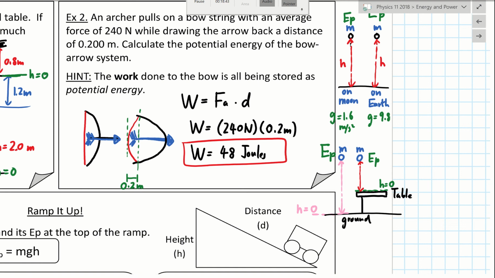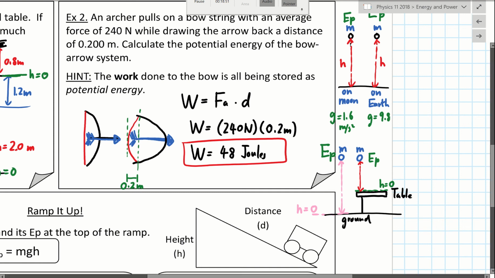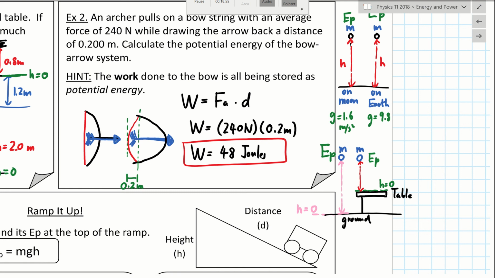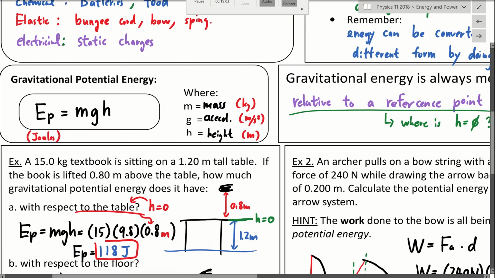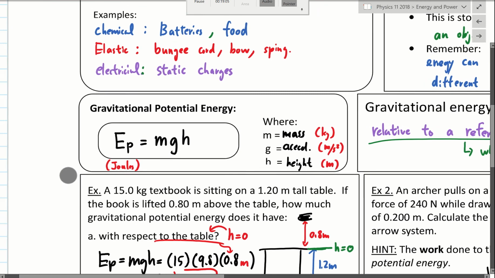All right, so this is done. You should practice some of these energy questions on the worksheet. If you look at the worksheet itself, in this equation that we have here, mgh, right?